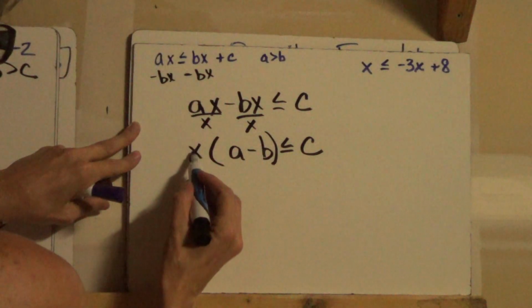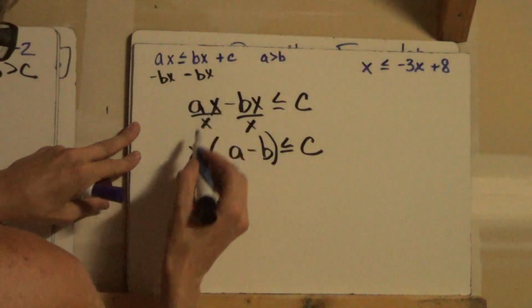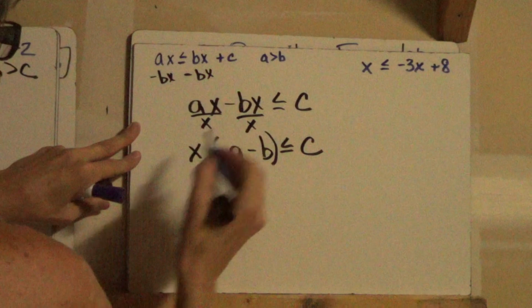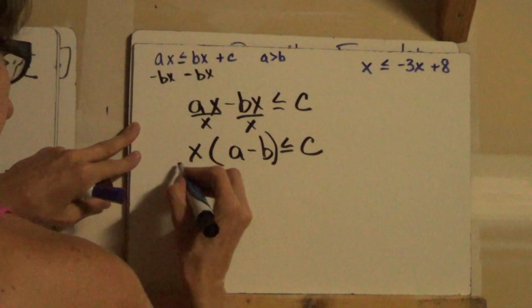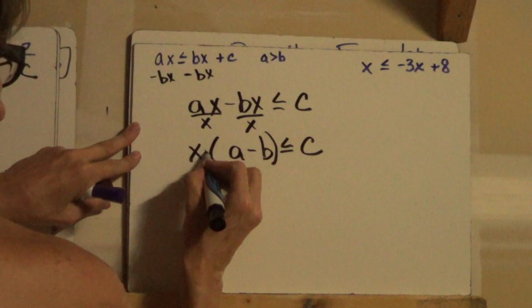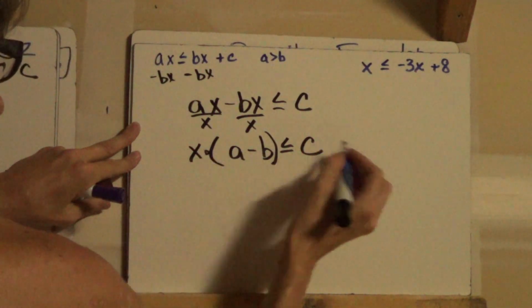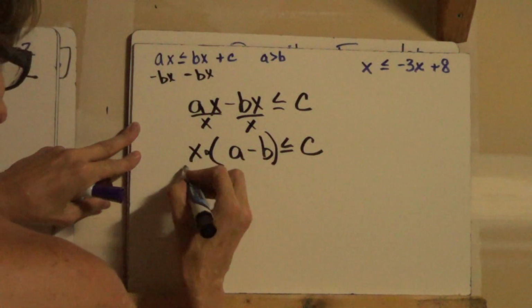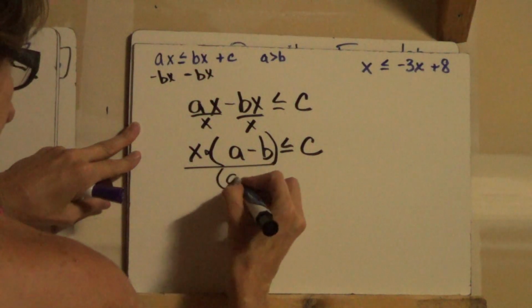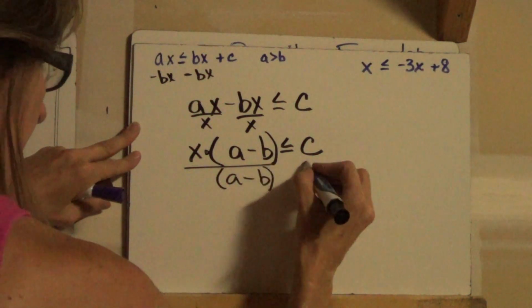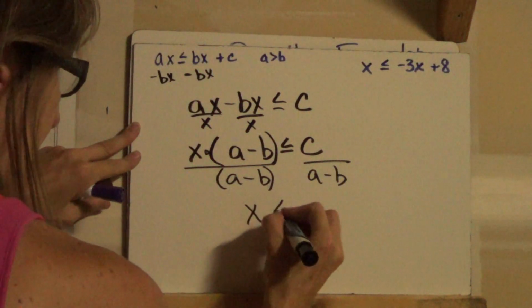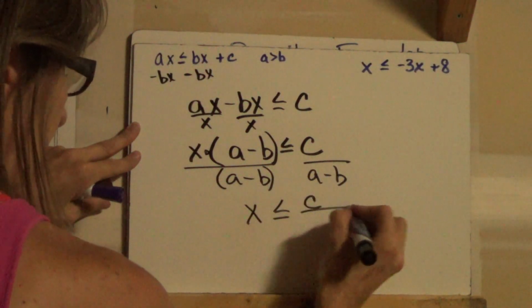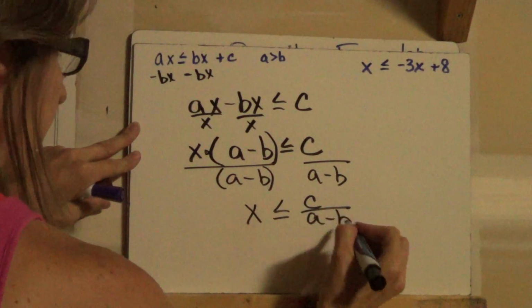If I were to distribute it back, x times a would be ax, x times b would be bx. Okay? So, now I can see x times a minus b equals c. I want the x alone, so divide by a minus b. Divide by a minus b. X is less than or equal to c over a minus b.